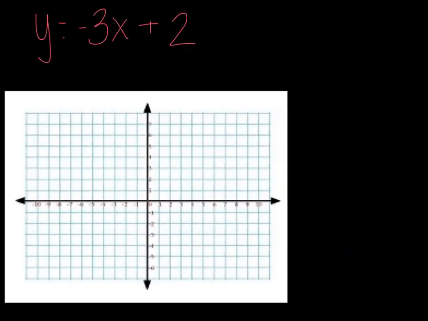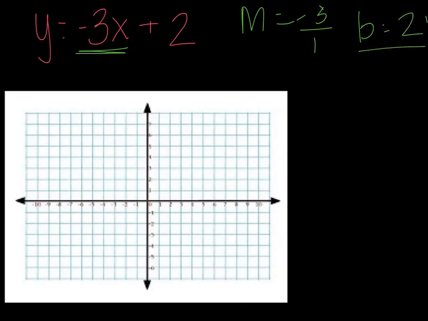Let's look at the equation negative 3x plus 2. Our m, or our slope, is negative 3 over 1, and our b, or our y-intercept, is positive 2. So again, the b is where we start our graph. So we're going to put a dot at 2 on the y-axis.